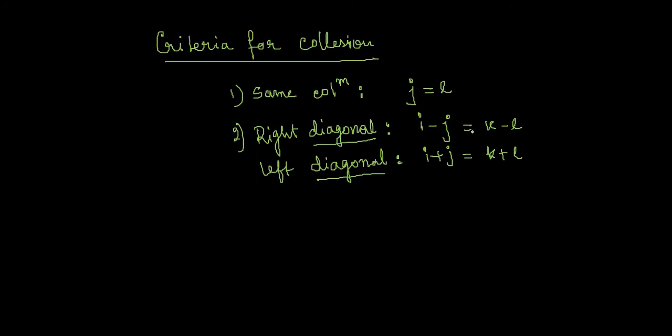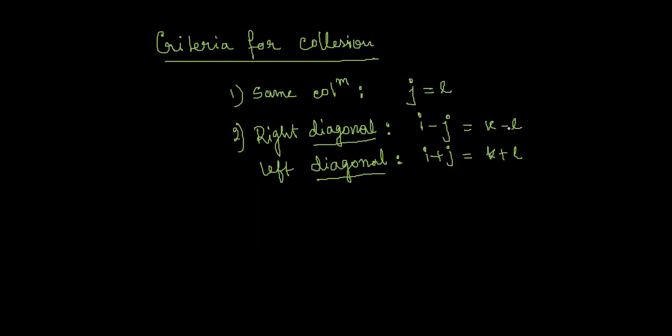If you see that i minus j equals k minus l, then you cannot keep the kth queen in the lth column, for sure, because of the right diagonal, they are visible. And if you find that i plus j equals k plus l, then also you cannot keep the kth queen in the lth column, because it is visible through the left diagonal. So these are the criteria for realizing collision. And if none of them is satisfied, then only you can keep the kth queen in the lth column.